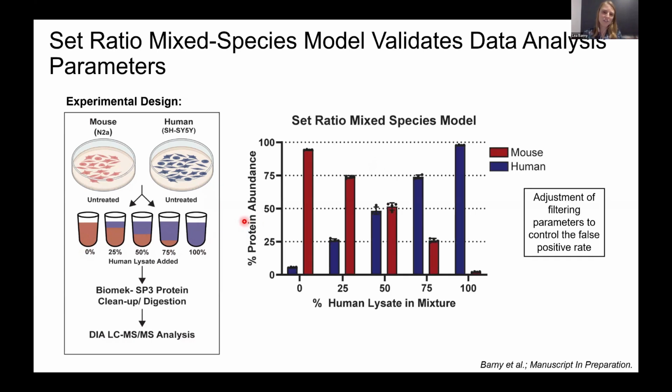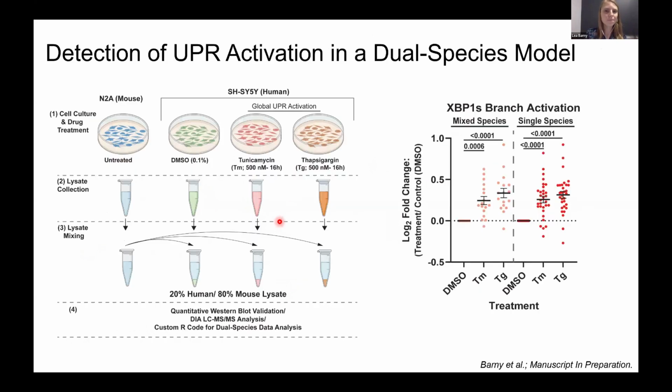We can see, just as a quick validation, that when we increase the amount of human lysate, we get a respective increase in the percent abundance of these human proteins, as we would expect. And this ratio mixture has also allowed us to validate our code and also control the false positive rate.